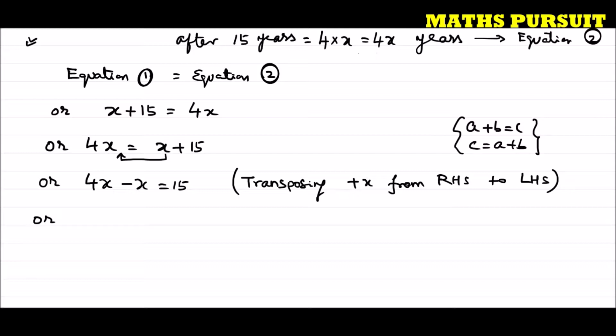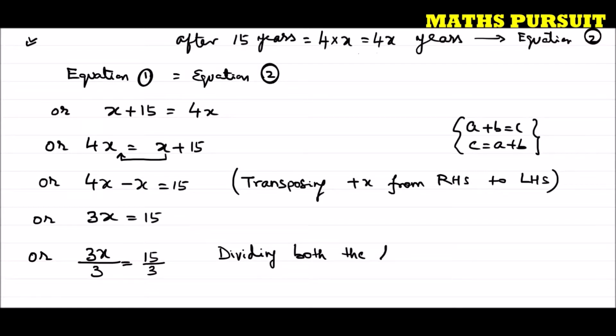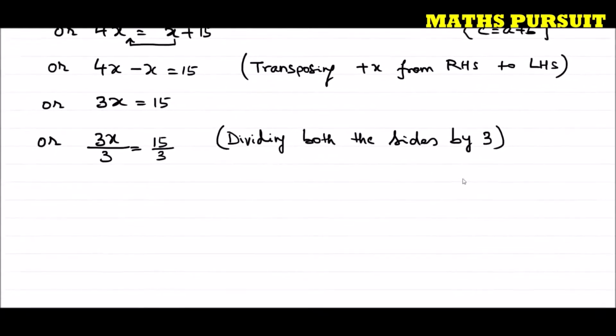Or I can write 4x minus x is 3x, is equal to 15. Or I can write 3x divided by 3 is equal to 15 divided by 3. What am I doing here? I am dividing both the sides by 3. Why?